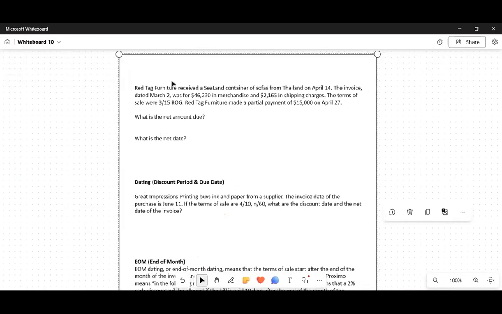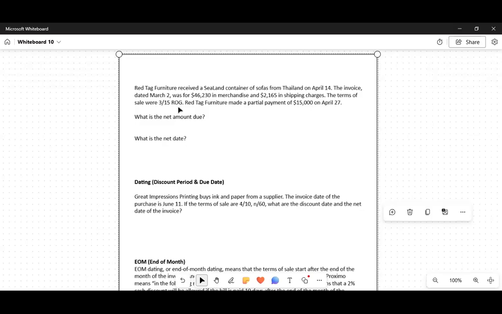So ROG, when that's added to your terms, means that you don't start the discount period until you've received the goods. And the problem already gives us that. For instance, it says here that there were some sofas purchased in Thailand, and they received them on April 14th, but they were purchased on March 2nd.